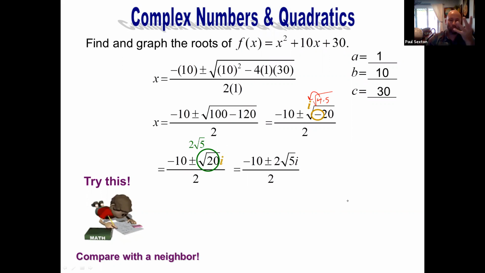Okay, now really what I would do, and it's probably going to be different on my presentation, but we should split it right now. So we've got negative 10 over 2 plus or minus 2 rad 5 over 2, and then we have an i over here, right? And then these reduce. Negative 10 divided by 2 is negative 5.